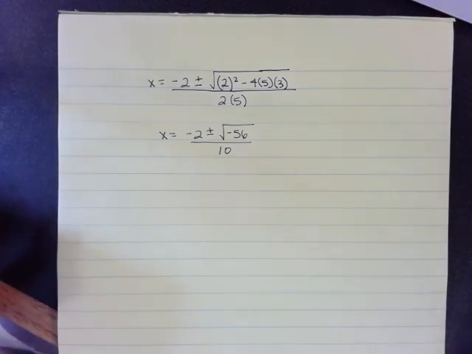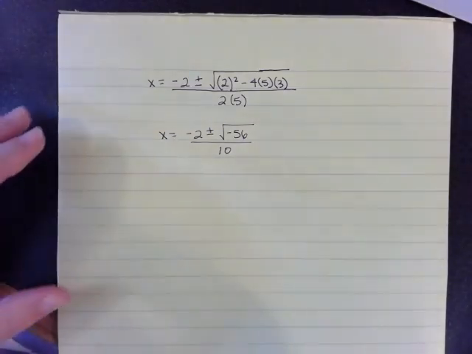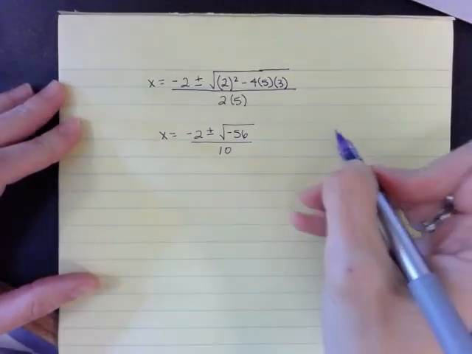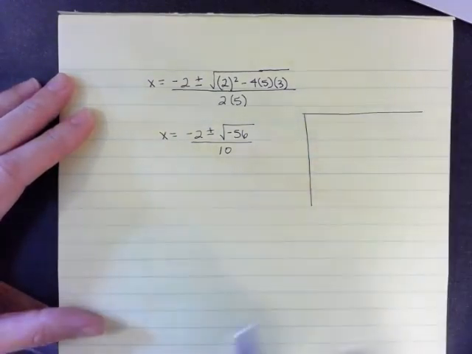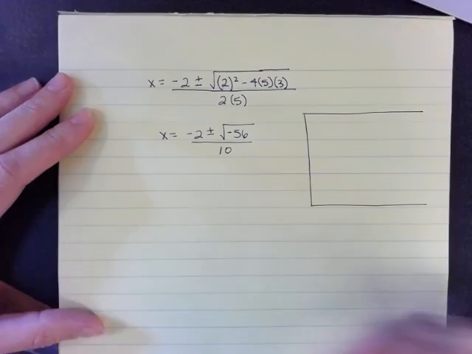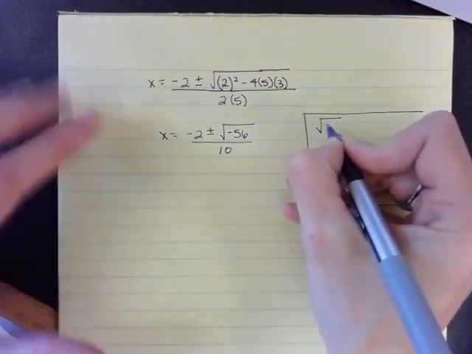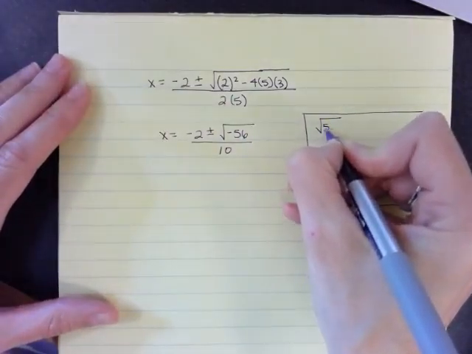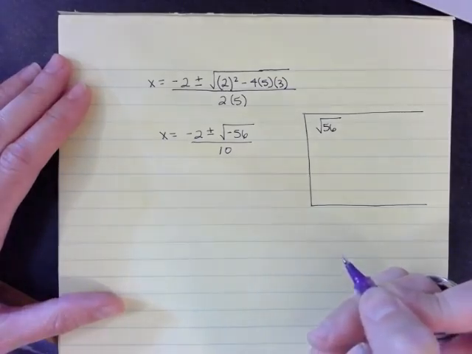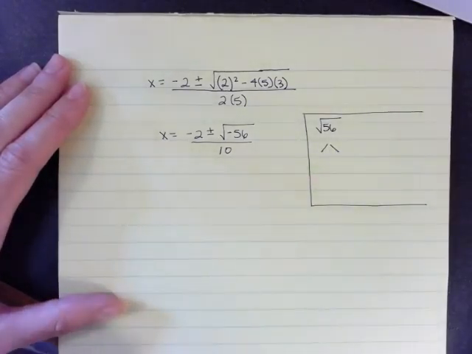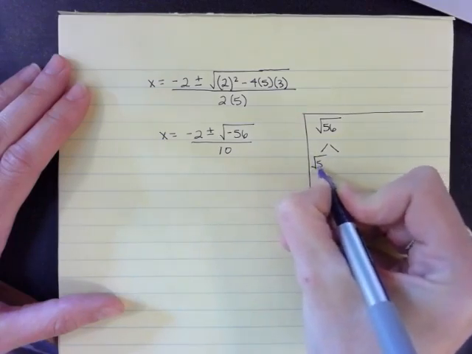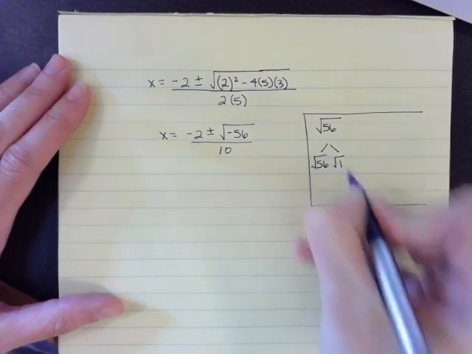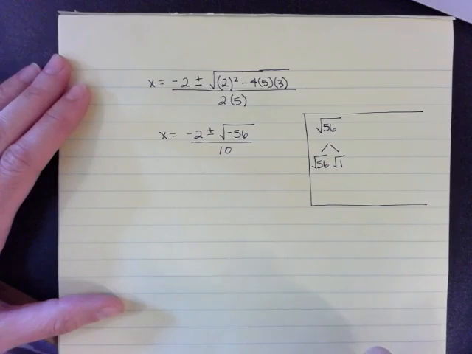So what do we know about the square root of 56? Well, there's a couple of things we know about it. I can break this up into the square root of 56 and the square root of 1. That's really obvious.